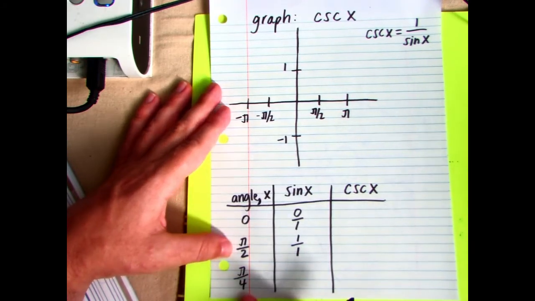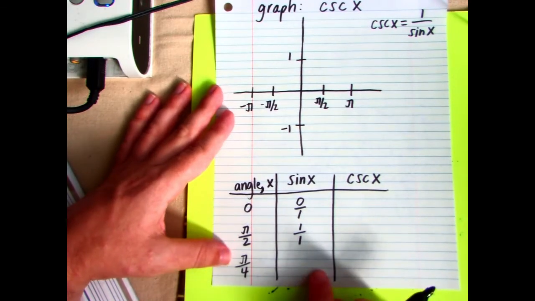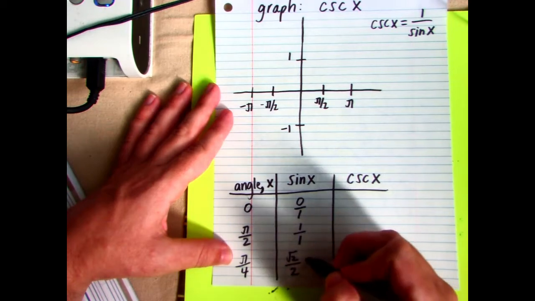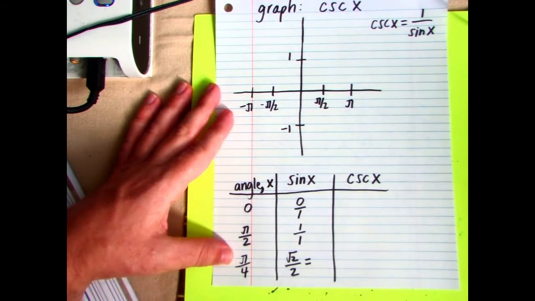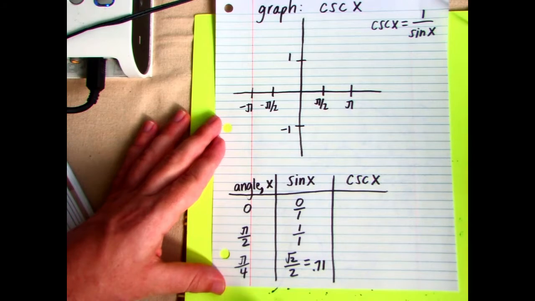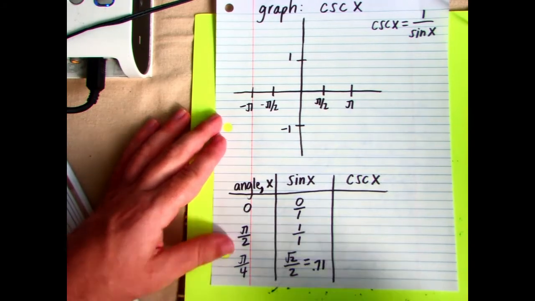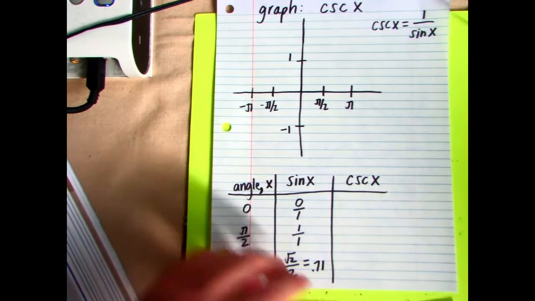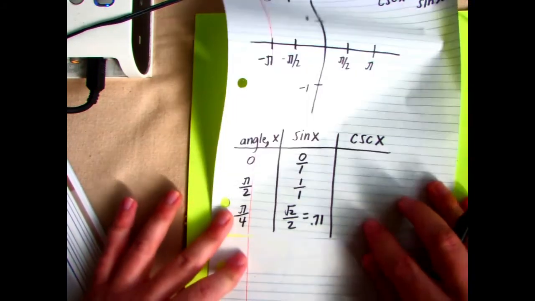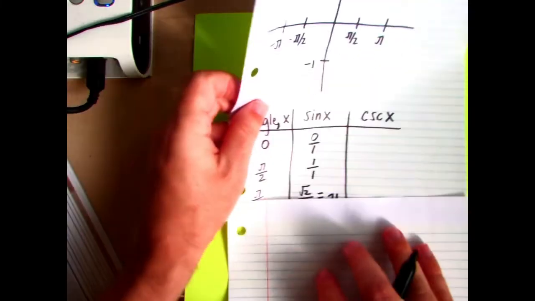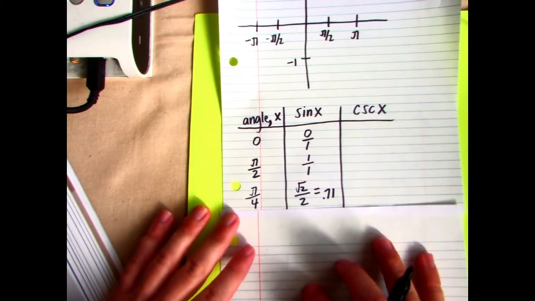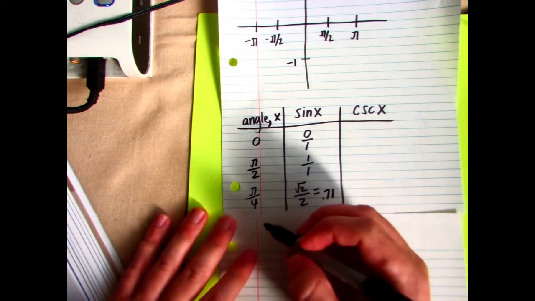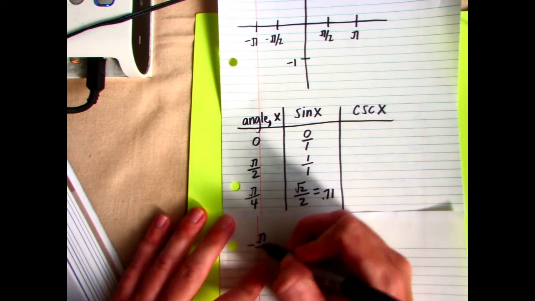When the angle is pi over 4, sine of pi over 4 is root 2 over 2, which is approximately 0.71. So continuing with a few more angles in our table here. We can also do negative pi over 4.